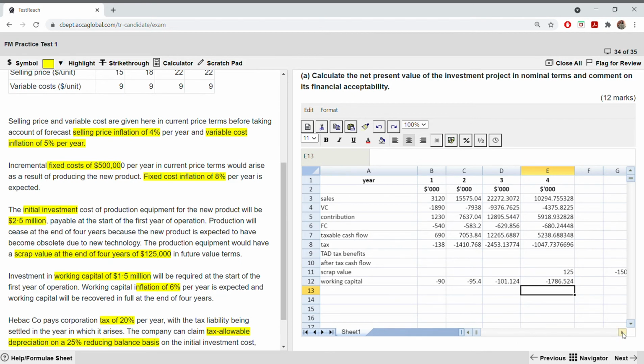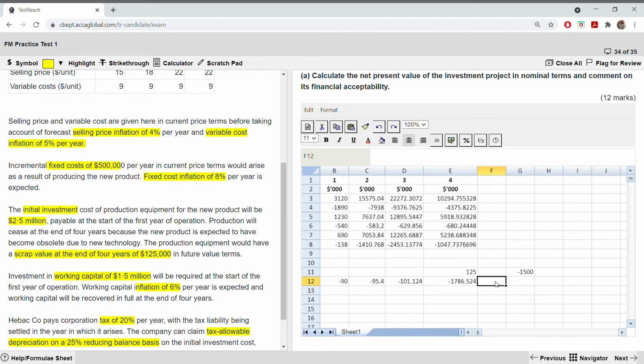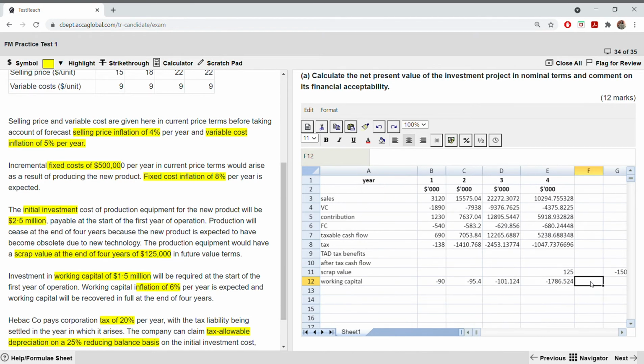If you want to make this positive, the 4th year working capital, but here it's showing negative, so what you can do is just copy paste this number here.